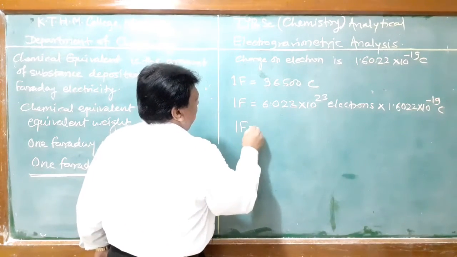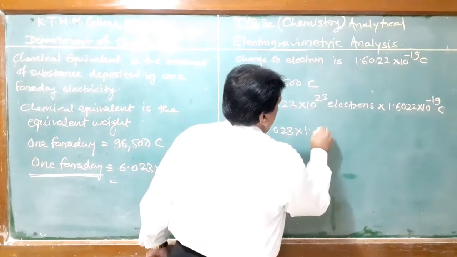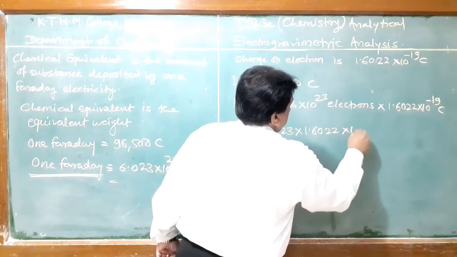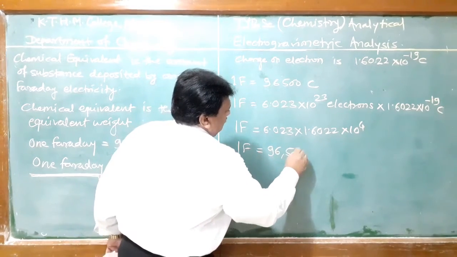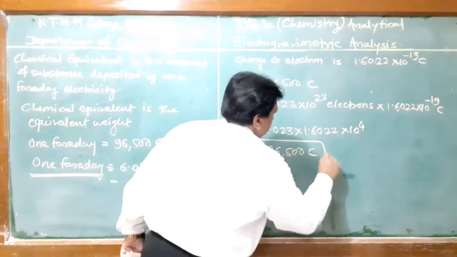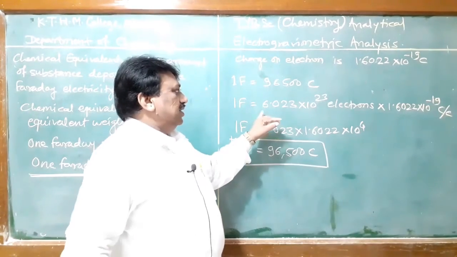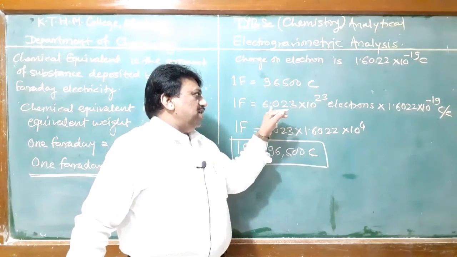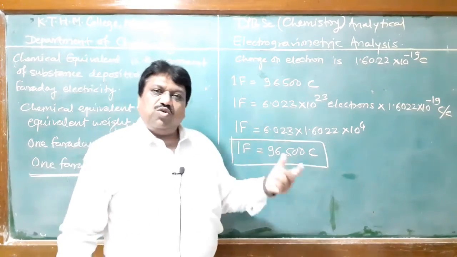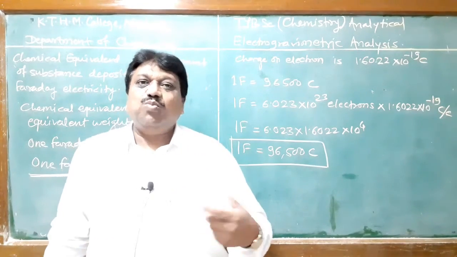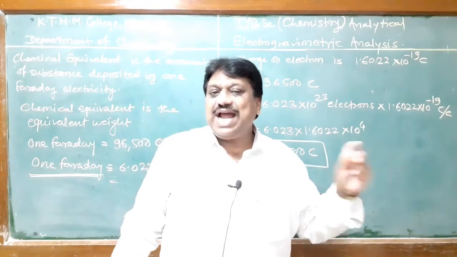Therefore, this 1 Faraday becomes 6.023 into 10 raised to 23 times 1.6022 into 10 raised to minus 19, which is equal to about 96500 coulomb. Avogadro's number of electrons means 6.023 into 10 raised to 23, that is 1 mole of electrons, and when 1 mole of electrons reacts with 1 mole of monovalent metal ion, it gives 1 mole of that particular atom.